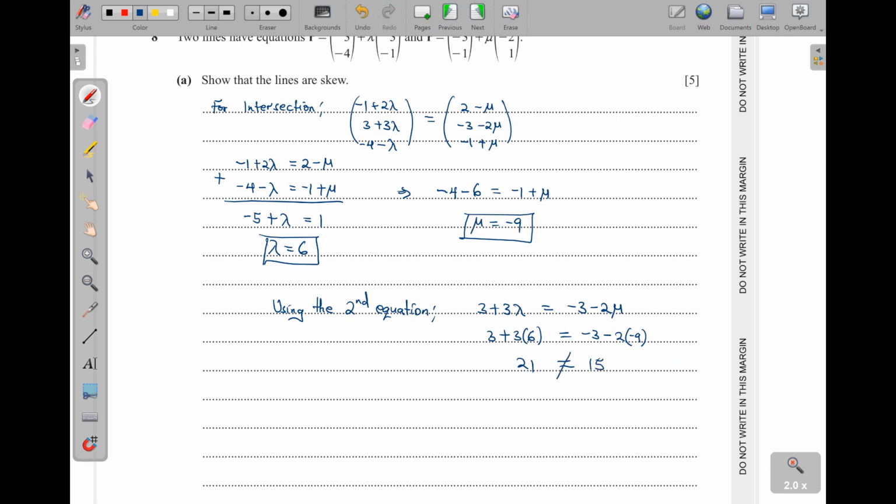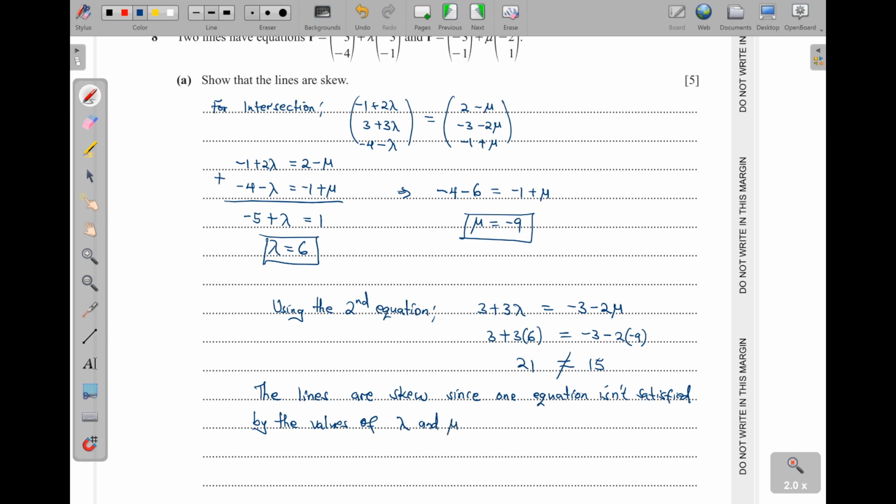Okay, so that one gives us 15. And these two are not equal. So the lines are skew. The lines do not intersect. Okay, the lines are skew. Since one equation isn't satisfied by the values of lambda and mu.